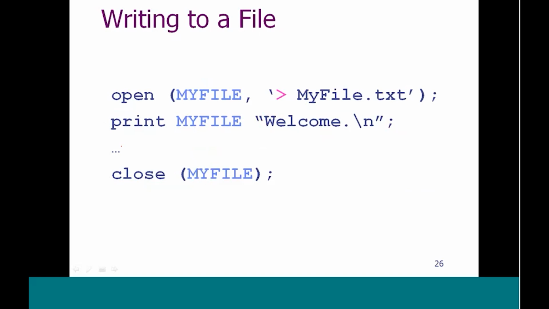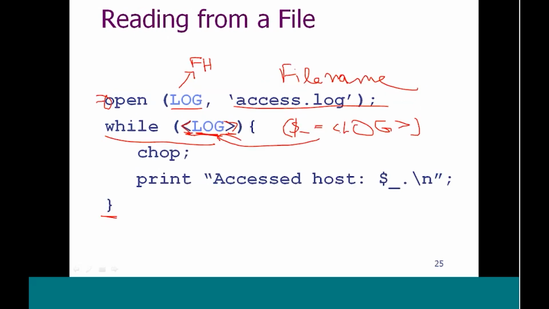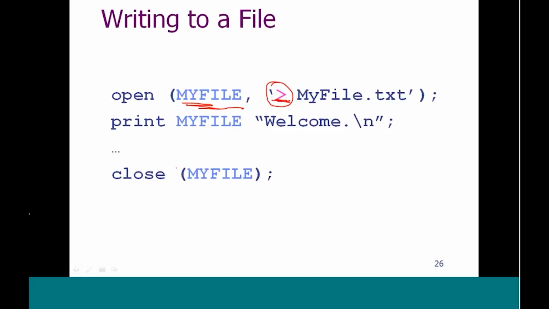Now for writing to a file, we use the redirect arrow, which is the greater than. We open the file, and if we use this in front of the file name, it knows that this file handle is going to be a write file. In the previous one, this was a read-only file, reading from access.log, but now the write file is myfile.txt.